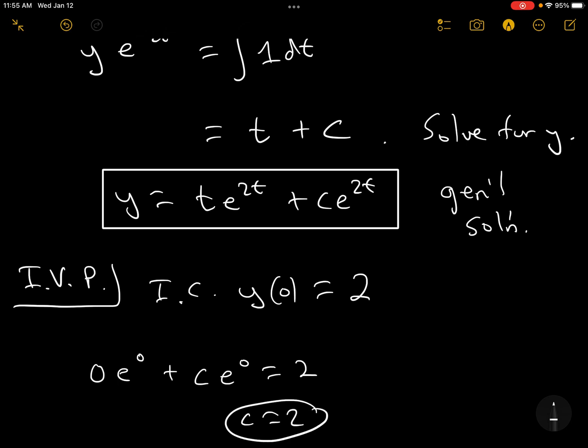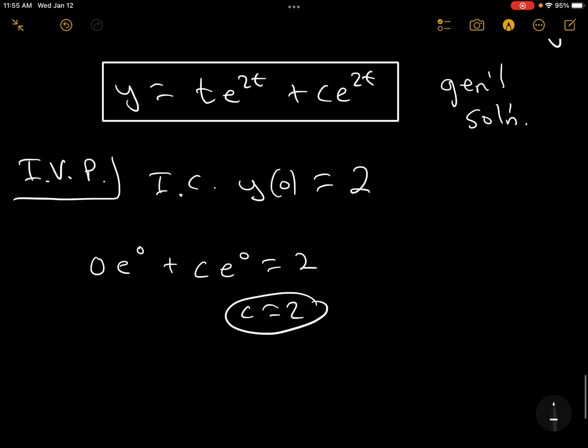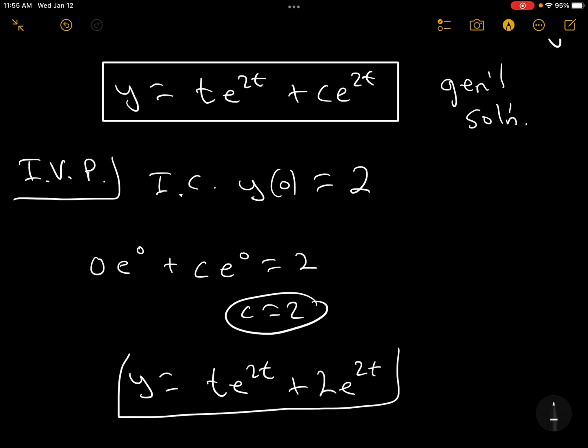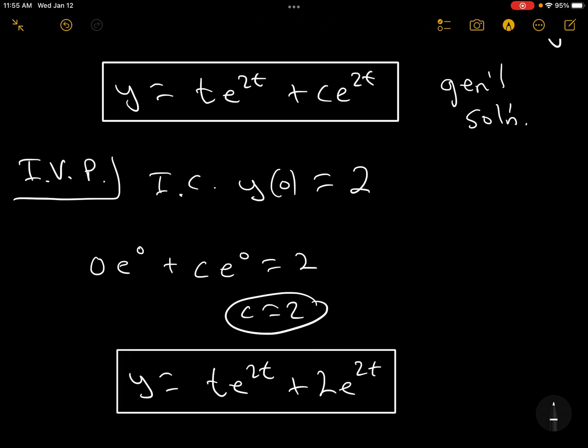That says c equals 2. And so the particular solution becomes t e to the 2t plus 2e to the 2t. And this is the particular solution.